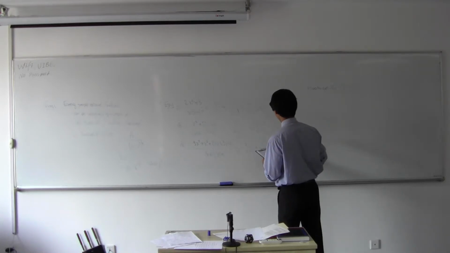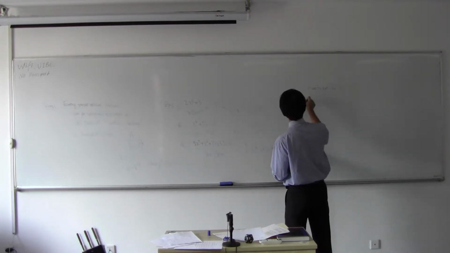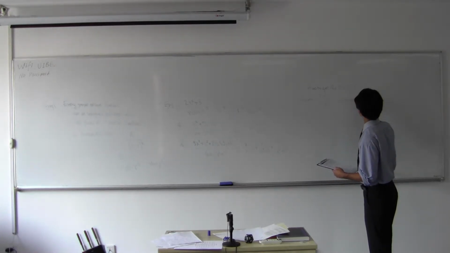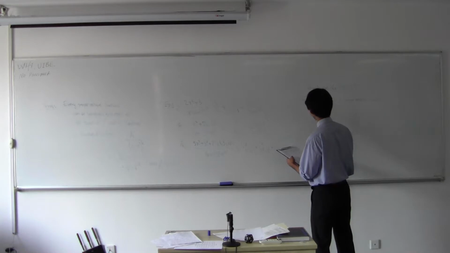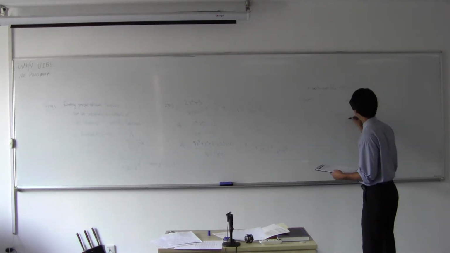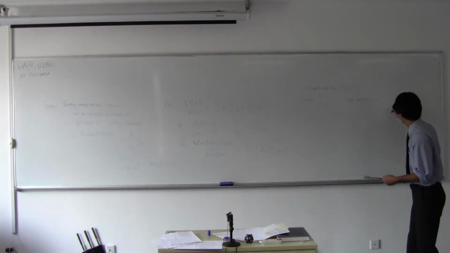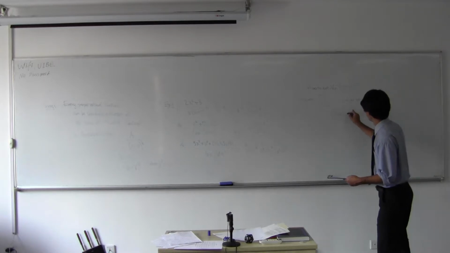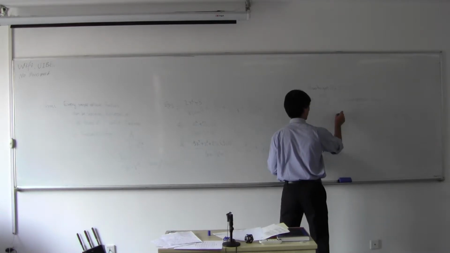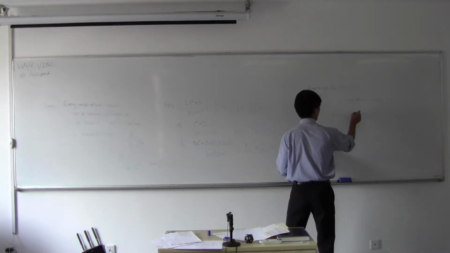Okay. So here's the thing. Given a proper rational function p over q, first thing you do is to factor q.